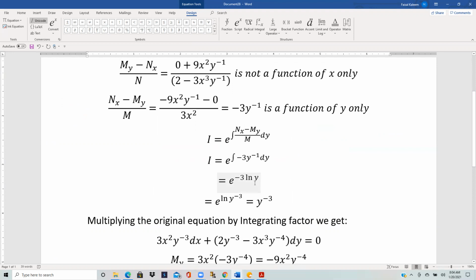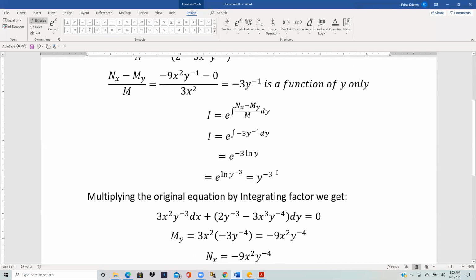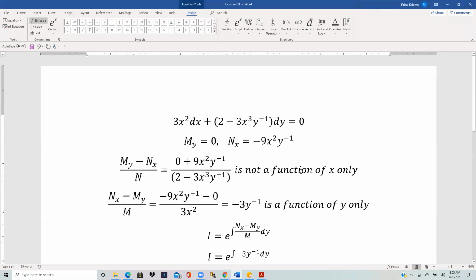So you could either lose solutions of the original equation, or you could throw in extra solutions depending on what the equation was. So in this particular case, y to the negative 3 is like 1 over y cube.